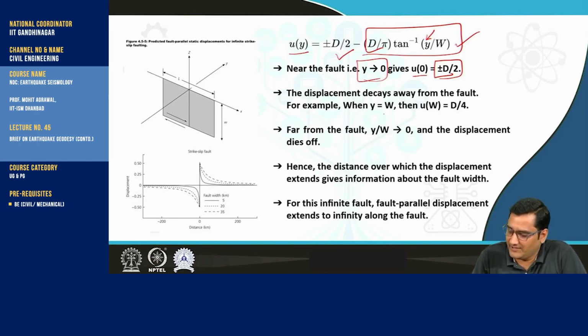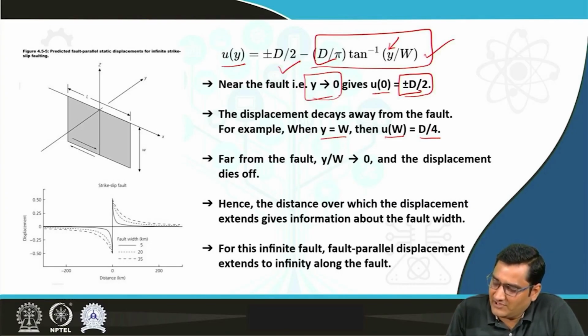For example, when y is equal to capital W, that means the distance is equal to the width of the fault, then uW will be d by 4. That means when you start from near the fault location and go away and reach a distance equal to the width of the fault, you will see the displacement is d by 4, which is half of what you have seen near the fault.